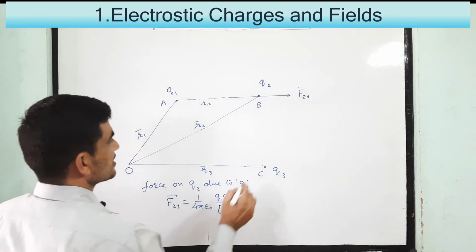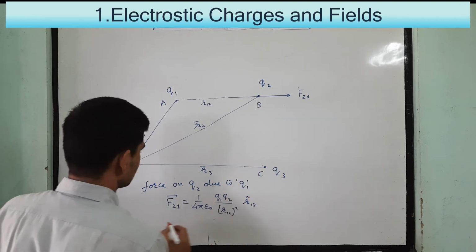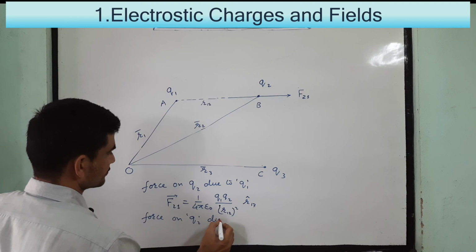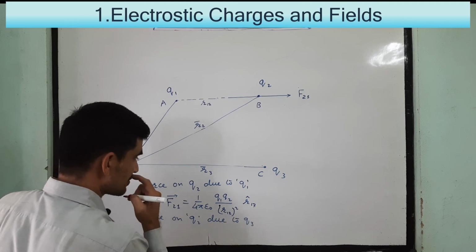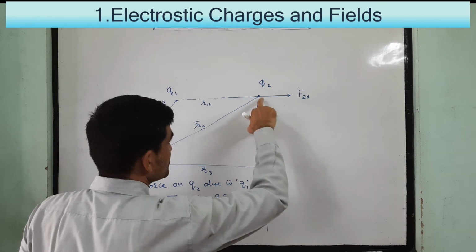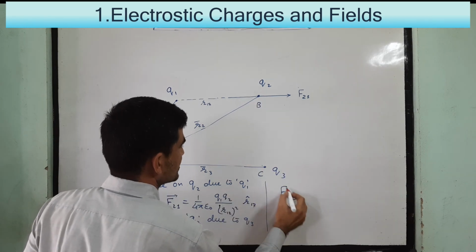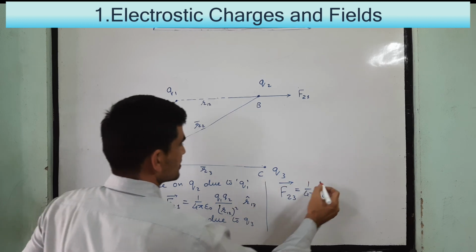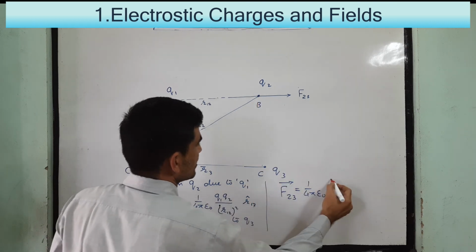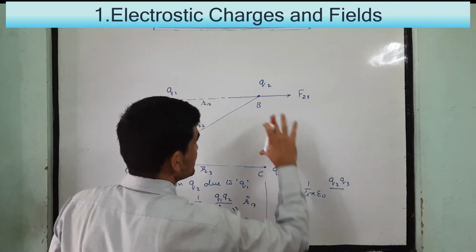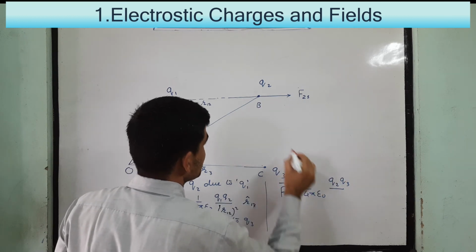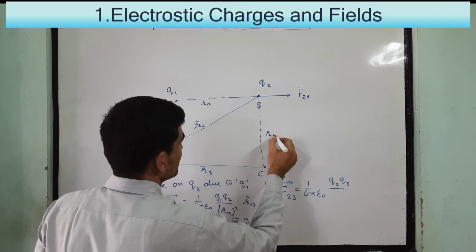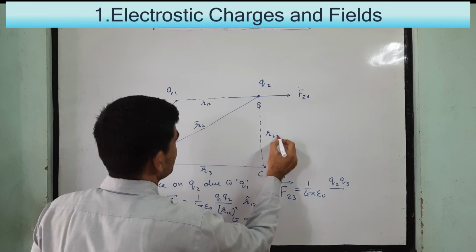Clear? Similarly, when we find the force on q2 by q3, we get the force F23, which is 1 upon 4 pi epsilon naught, q2 q3, and the distance between these two, the BC distance, suppose it is the vector r32.